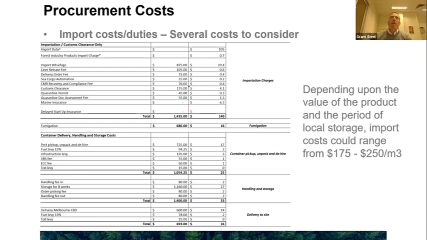If you're considering coming in from overseas and importing the goods, this is probably worth a presentation in its own right, but there's a lot of costs associated with it: importation charges, fumigations, the domestic handling, the storage costs, and then delivery to site. I would say that the import charge, including the duties, the levy fees and the port handler charges, amount to about 50% of this.